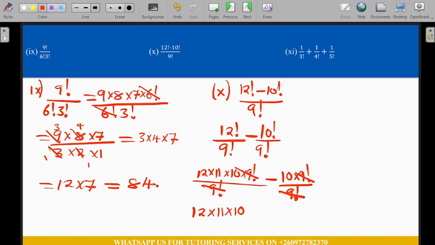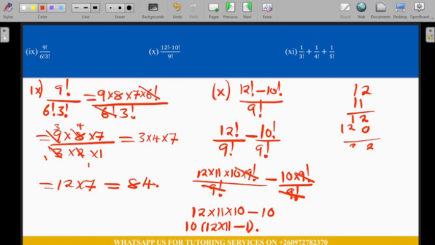So we remain with 12 times 11 times 10, then minus 10. The easiest way, we can factor out 10 and we'll remain with 12 times 11 minus 1. So this means we can multiply 12 times 11. 1 times 2, we get 2. Then 1 times 1, 1. Here 0. 1 times 2, 2. 1 times 1, 1.